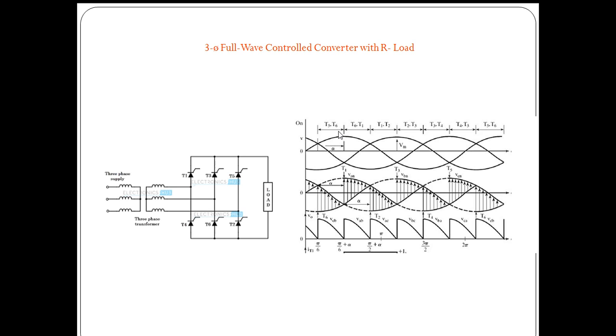The thyristor which is subjected to more forward bias will be in conduction from the positive group for every instant, and the thyristor which is subjected to more negative voltage will be conducting from the bottom group.